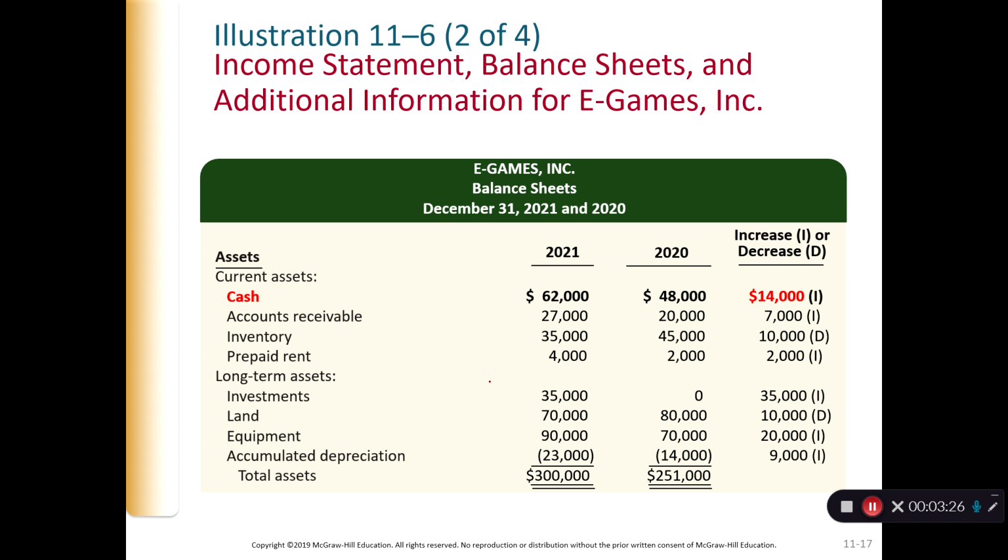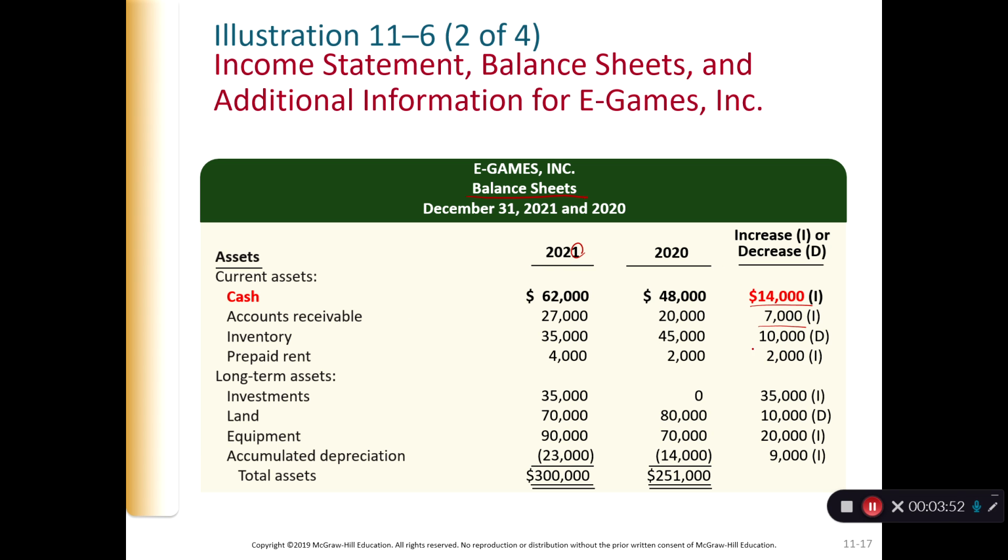Okay, and then this is the balance sheet, right? Balance sheet of eGames. They are very nice. They give us the 2 years, with the most recent year on the left-hand side. And then there's a column telling us whether it's increasing or decreasing. For example, cash increased $14,000, and accounts receivable increased $7,000.